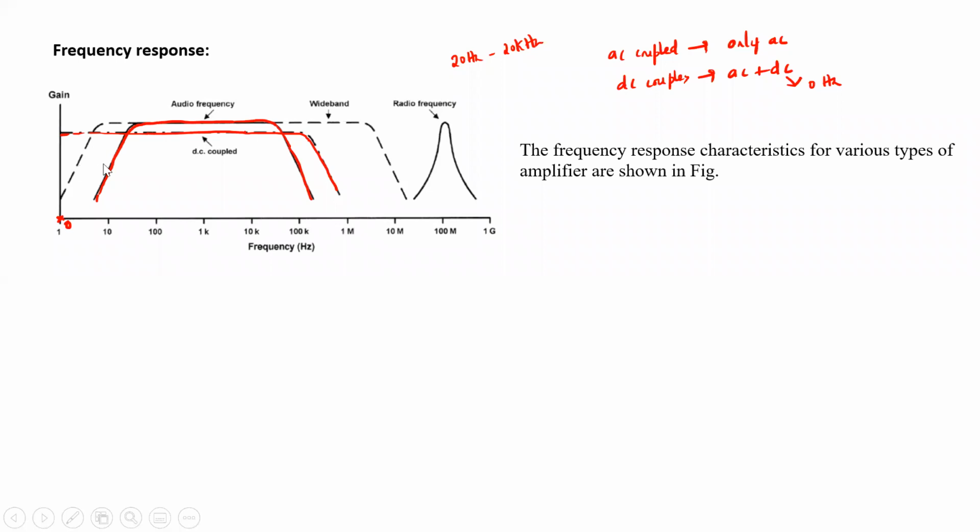It covers so many frequency components beyond this audio frequency. That means less than 20 hertz also it is covering, and greater than 20 kilohertz also. So wideband amplifier actually amplifies the components ranging from, say, 10 hertz to 10 megahertz.